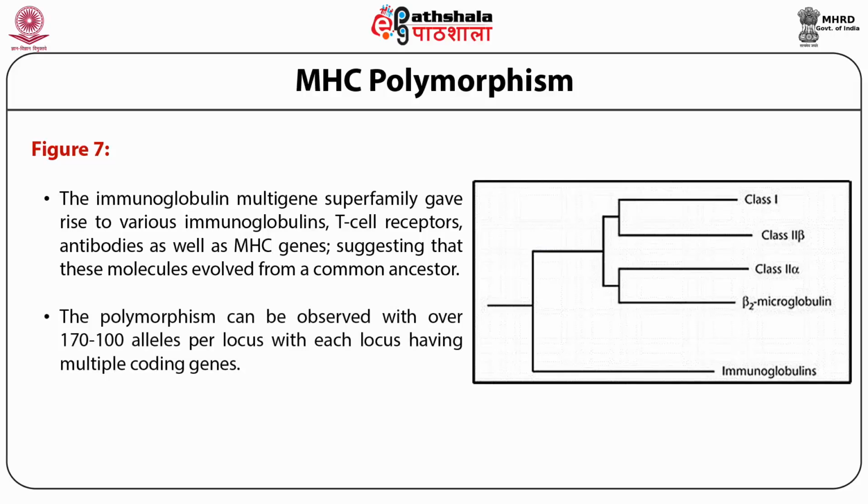The polymorphism can be observed with over 100 alleles per locus, with each locus having multiple coding genes.